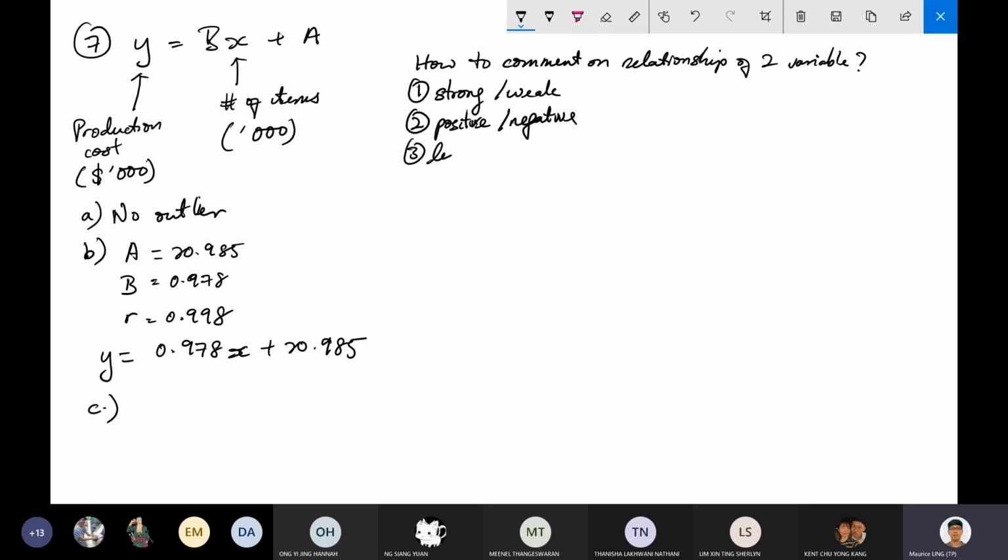Third is linear or non-linear. So what are the differences? Strong is when the absolute R value is more than or equal to 0.9. Positive is when your B is more than 0, that means a positive gradient. Linear is when it is a straight line.